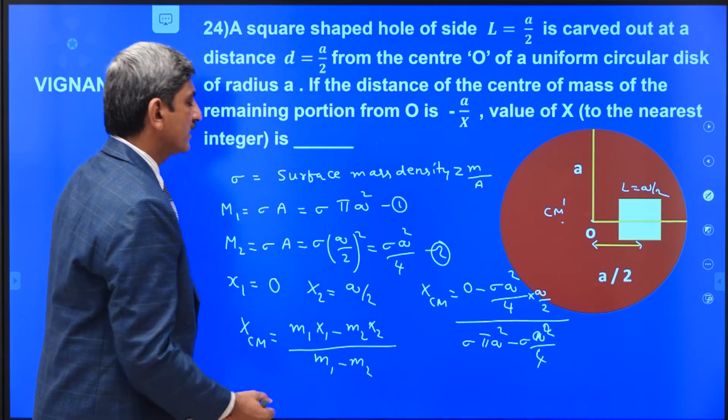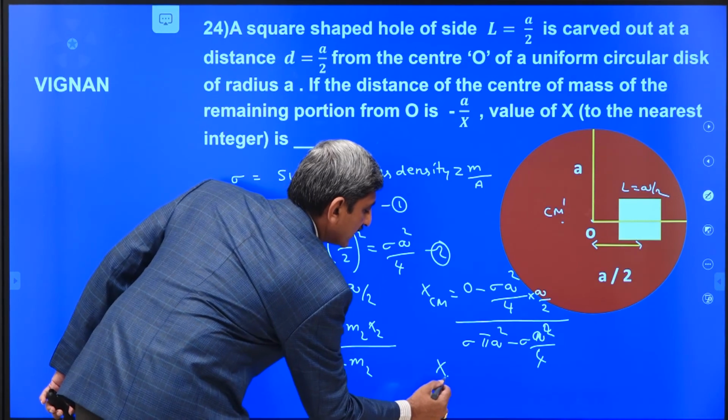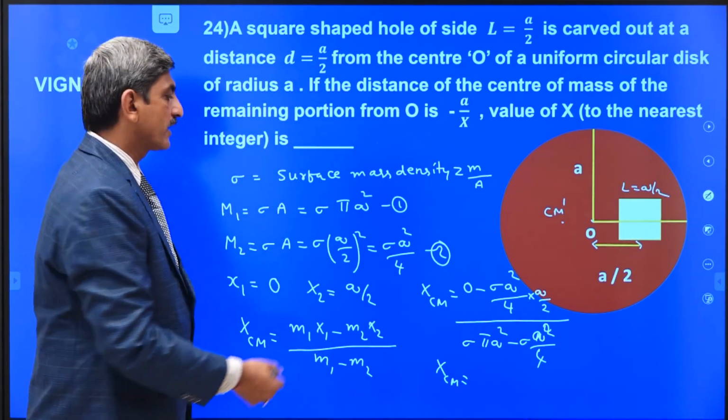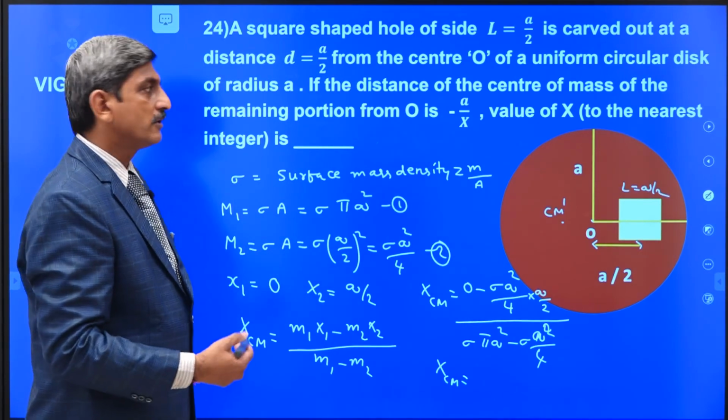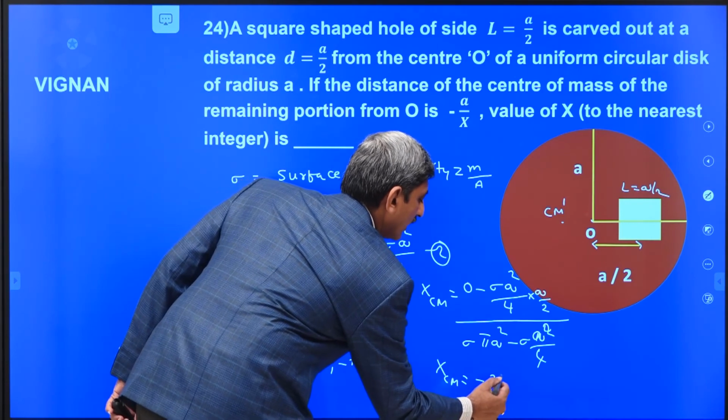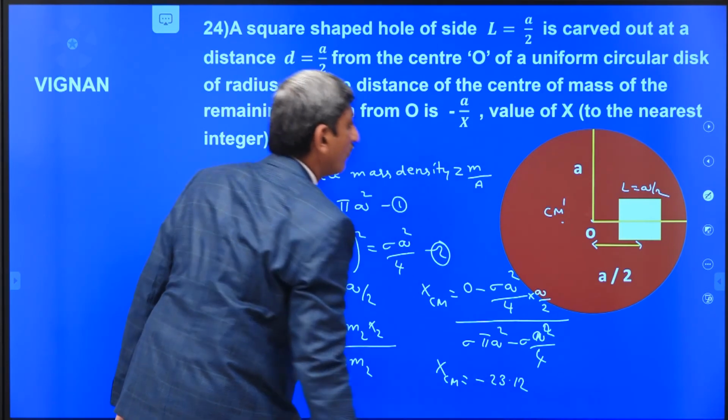By simplifying this, sigma is cancelled, a square is also cancelled, and by substituting the pi value and making the simplifications, we get xcm is equal to minus 23.12.